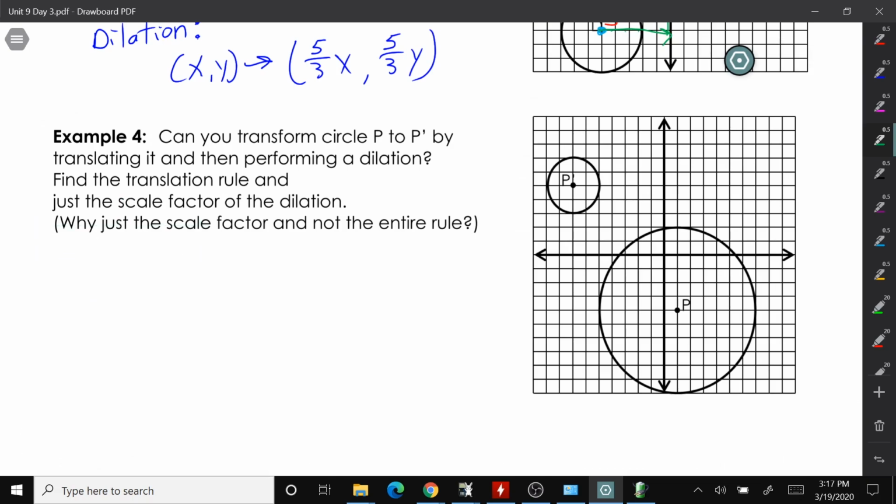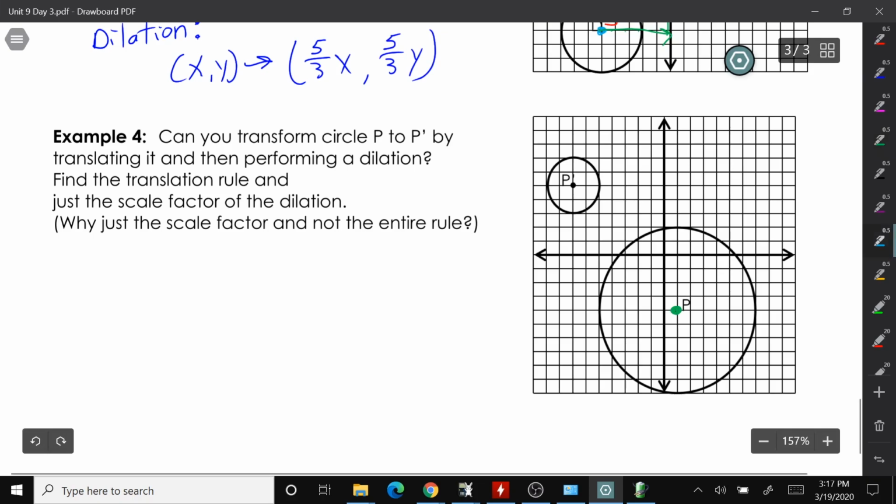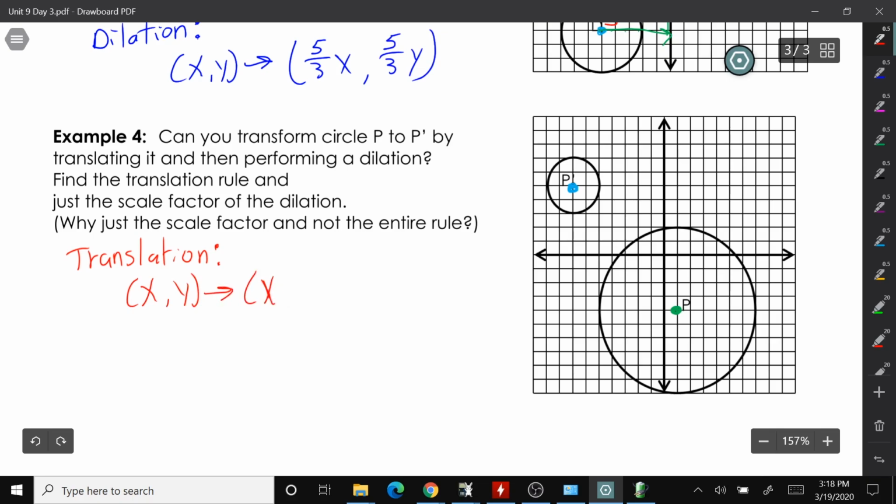Okay, in example 4, here's our pre-image right here, P, and here is our image up here, P prime. So for our translation rule, it's going to be x comma y goes to x, and we go left first. 1, 2, 3, 4, 5, 6, 7, 8.